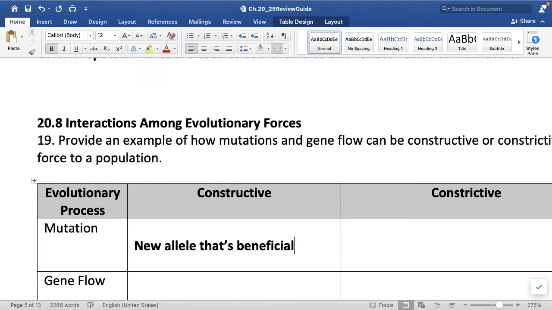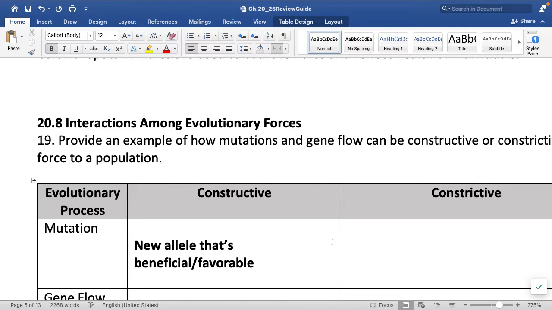Constrictive, how could it be bad? Genetic drift. It could make it easier to detect for predators. So we'll say new bad genes, harmful.